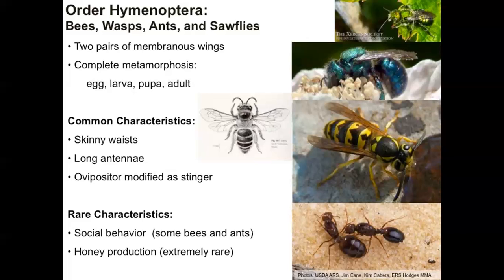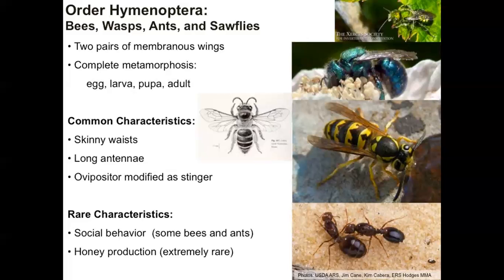All of these have that function, a stinger rather than a functional ovipositor. So you're saying to yourself, well, if they've modified the ovipositor, how do they lay their eggs? Well, that's simple. They have an area right beneath where the ovipositor is that their eggs come out of. So while they've modified something to become a stinger, they still have that ability to lay eggs.